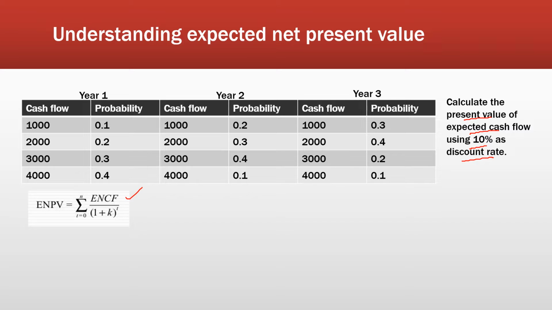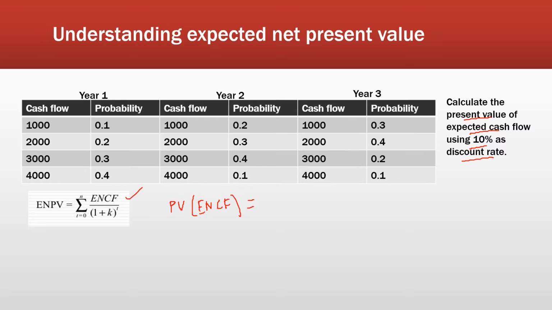Now, how do we apply this formula and solve this problem? We have to find the PV, or the present value of the expected net cash flow, that is ENCF, the expected net cash flow.